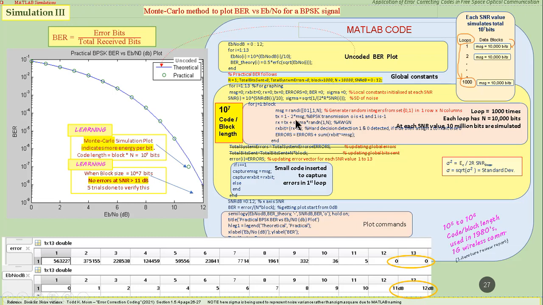And then I will transmit this after modulating. This is code for BPSK modulation. Again, this code converts 0 to plus 1 and 1 to minus 1. And this was referenced from books as well as the NPTEL lecture by Professor Andrew Thangaraj.